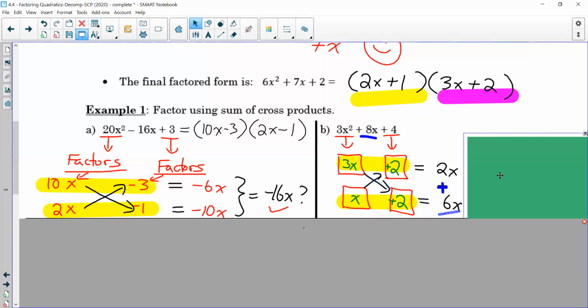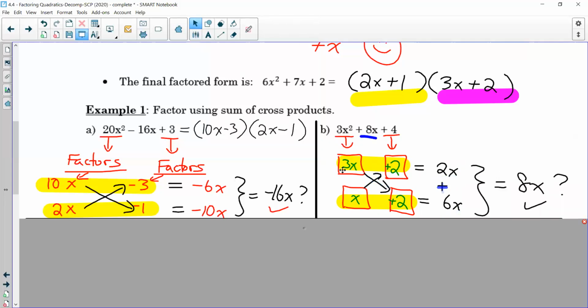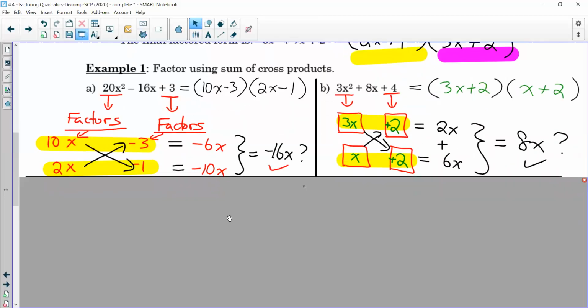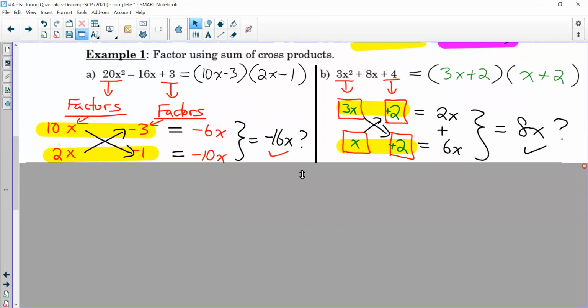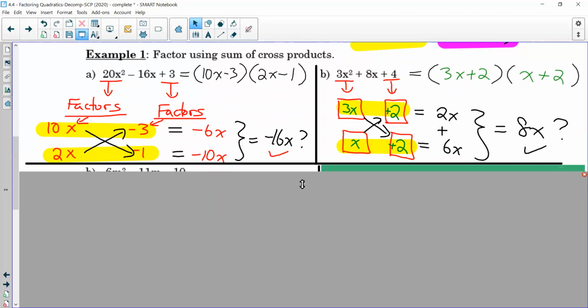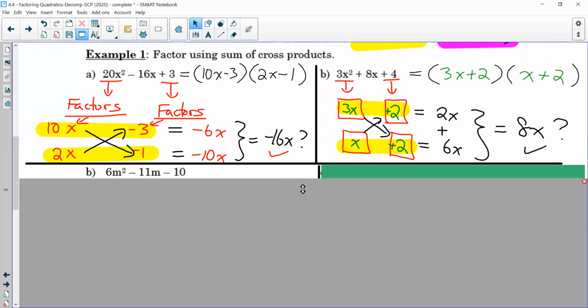So once I know that, I can highlight straight across with the ones that I did not cross with, and I get my factors. So the 3x and the 2 go together, and the x and the 2 go together. It's an interesting little technique. It does take some practice like anything else, and you have to decide which technique is going to work for you. We'll try another one.